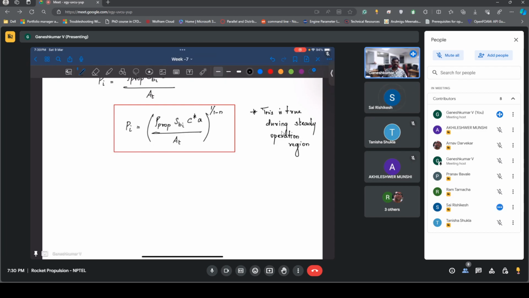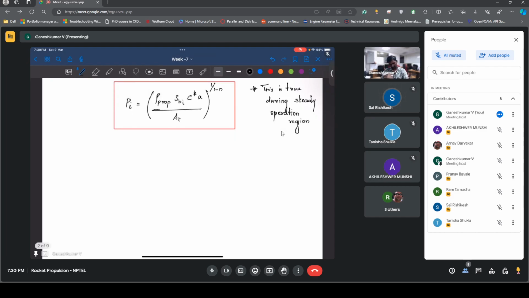So basically that is the reason. And the other thing is that the combustion is going to happen, and you will end up getting an equilibrium temperature during this combustion region.